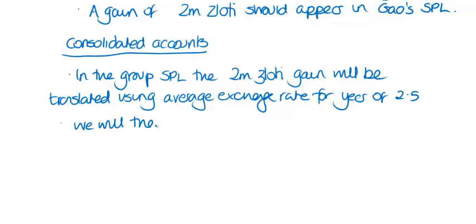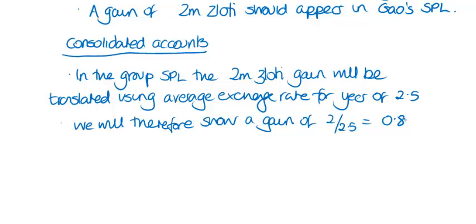We will therefore show a gain of 2 divided by 2.5 equals $0.8 million.